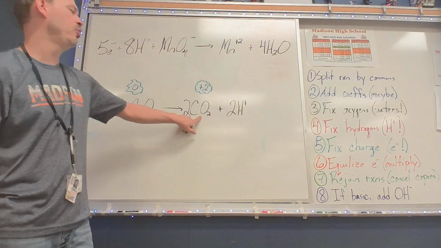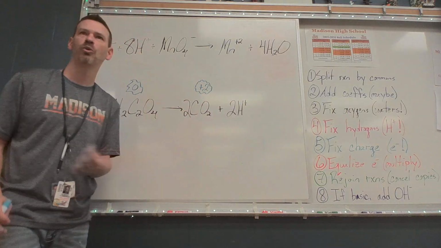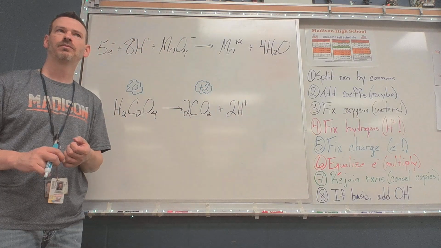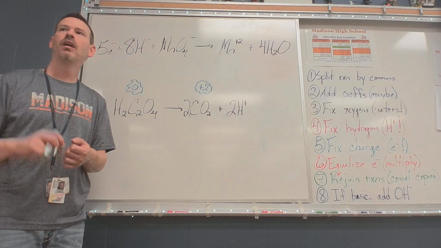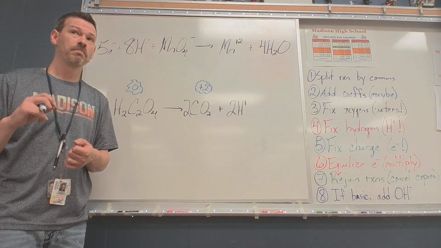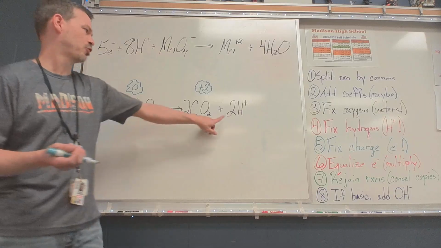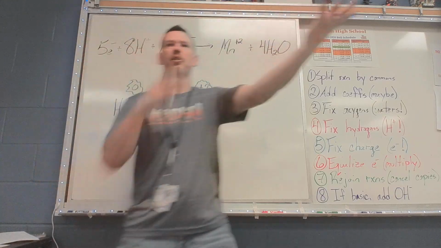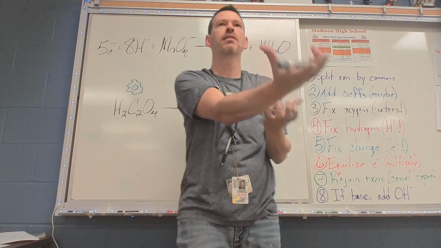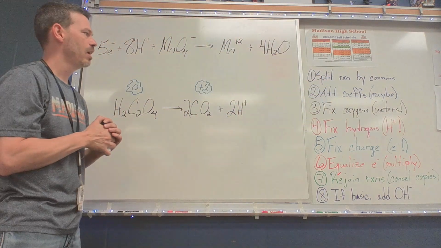Look, 2 neutrals, 2 pluses, +2. The coefficient multiplies times the charge. There's 2 H pluses, so it's H plus twice for a total of 2 pluses. Yeah, the coefficient always plays an important role.